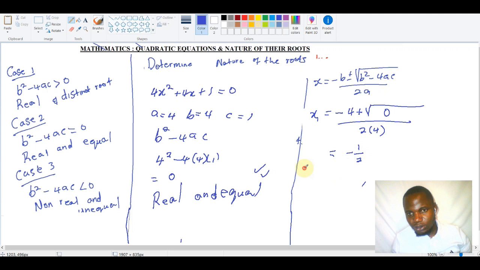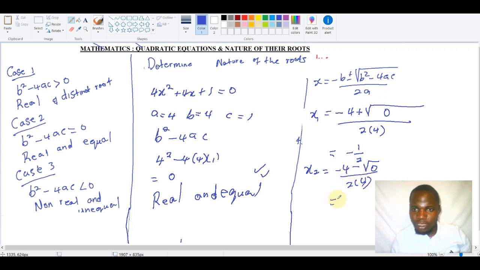Then let's look for x2. For x2, you put your negative 4. Then there is a plus. Now in the second case you put a negative over root 0. 0 because the discriminant we already calculated. It doesn't matter whether you substitute here, that's no problem at all. Then you have 2 times 4.